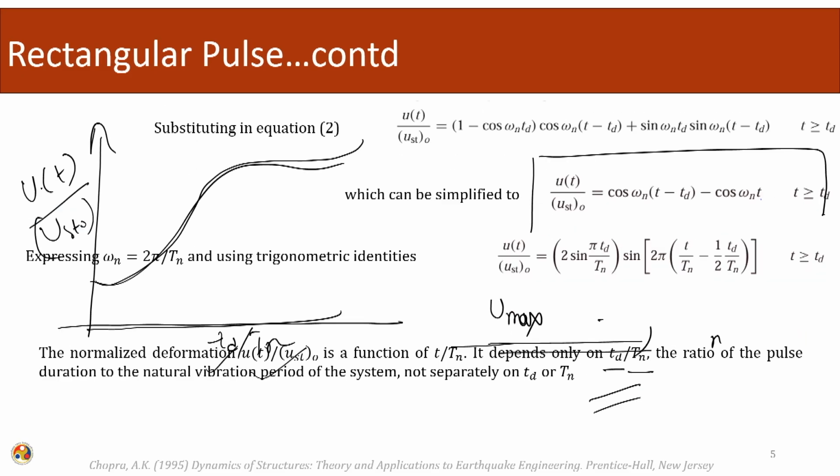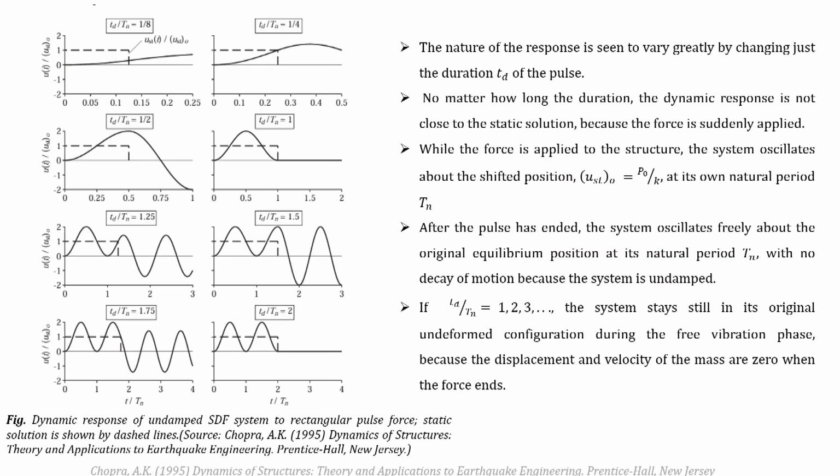Then we can plot this absolute maximum response and use it as a design curve. So what we are seeing here is that depending upon the different times of the loading, the ratio of the loading time with respect to the frequency of the system, we see the behavior of the response of the system.